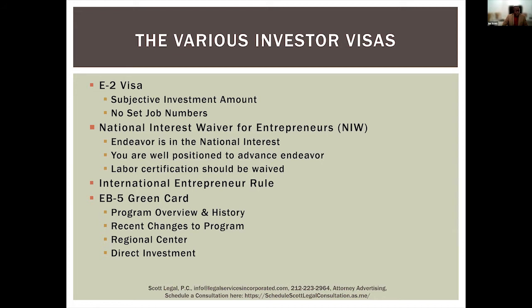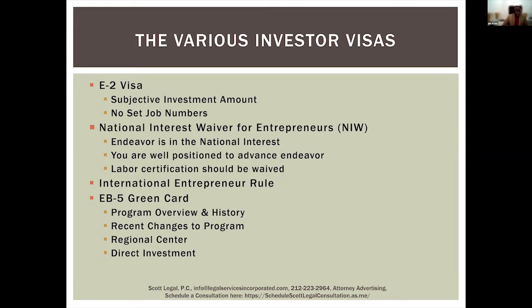And the other thing I want to point out is that all of these visa categories, the E2, the national interest waiver, and the international entrepreneur rule that I'm going to speak briefly about in a minute, we do have separate webinars on all of these topics. There are webinars that are 45 minutes to an hour long that you can either sign up for a future webinar, or you could go to our YouTube channel, and the webinars on these topics in the past have been recorded and are there.